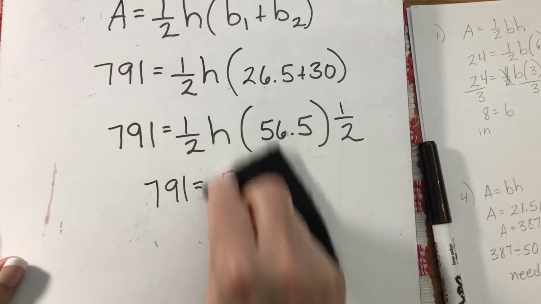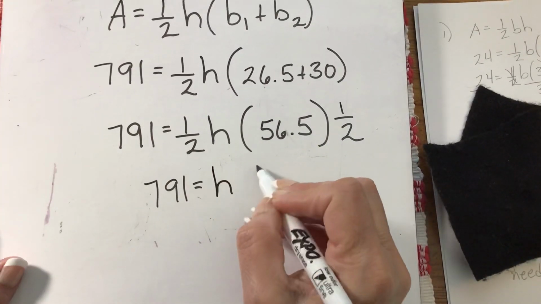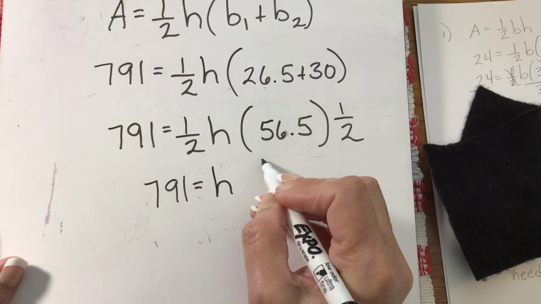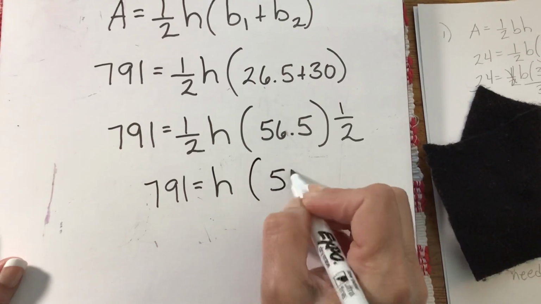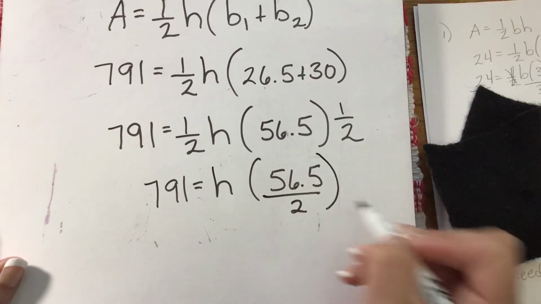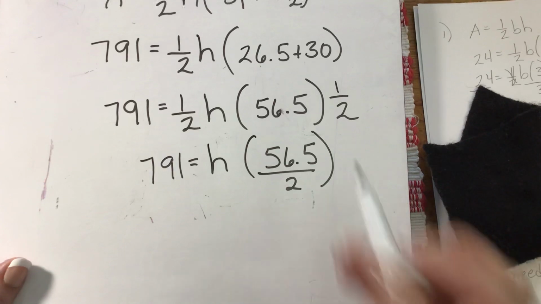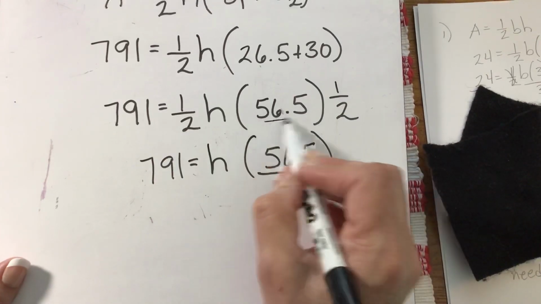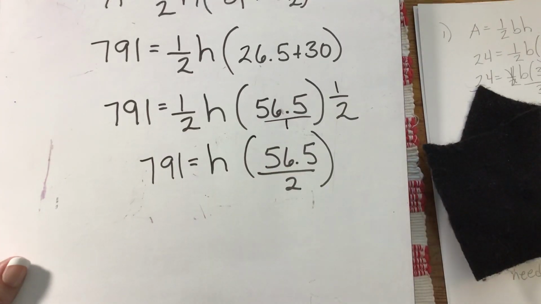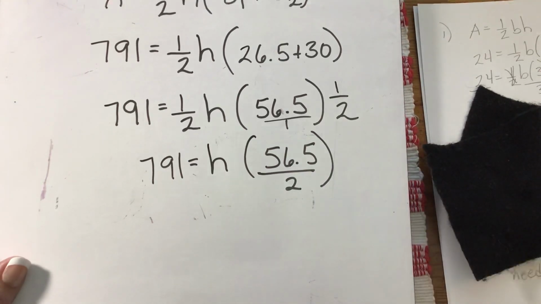Hang on just a second, because I don't know my H. I got 56.5 over 2. Okay, hopefully you guys, if you're multiplying, hopefully you guys can see what I did. Okay, I just multiplied across. That's an improper fraction. Yeah, it is.